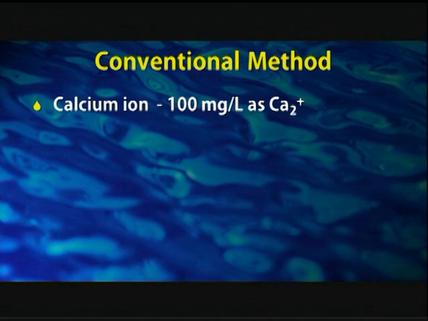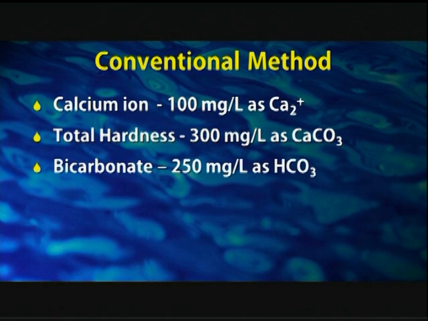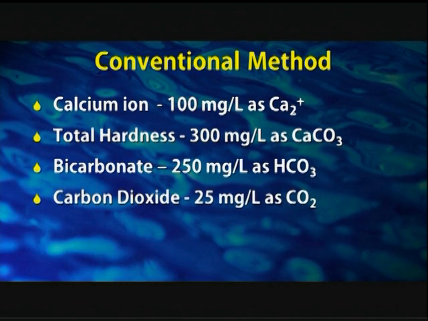So let's say we have an example where we have calcium ion at 100 milligrams per liter, total hardness at 300 milligrams per liter, bicarbonate alkalinity at 250 milligrams per liter, and carbon dioxide at 25 milligrams per liter.